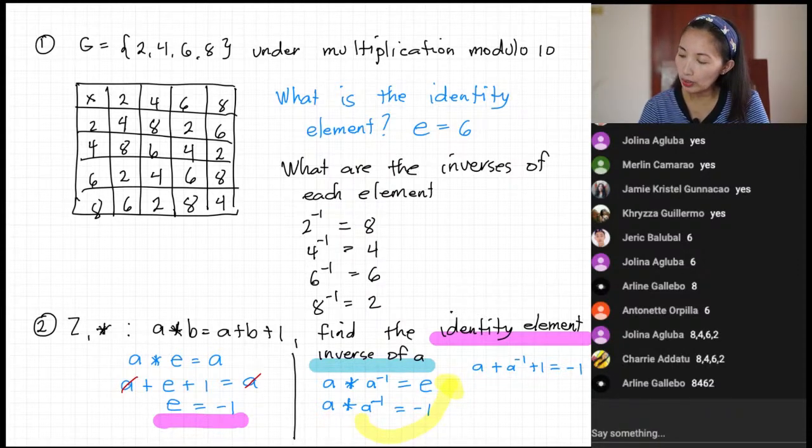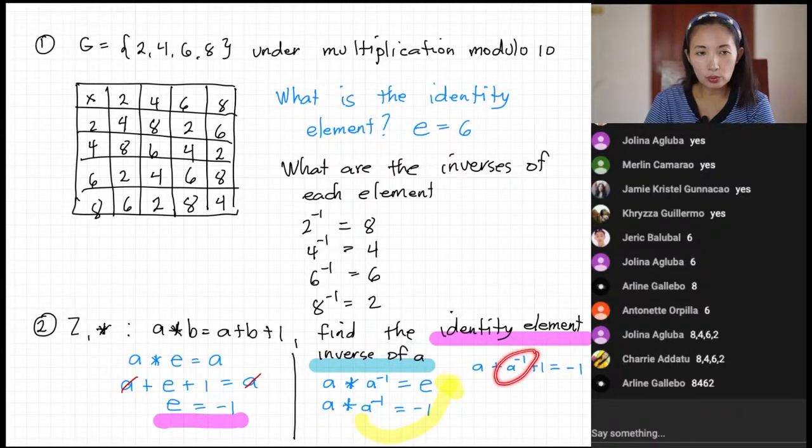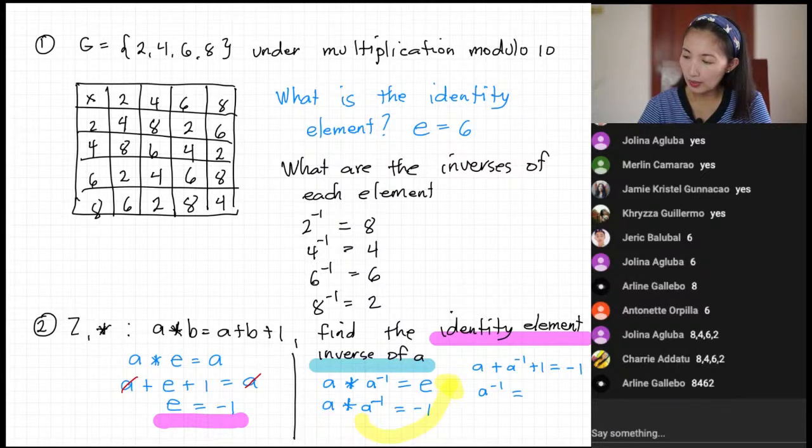So, we now proceed to looking for A raised to negative 1. So, what will this be? A raised to negative 1 equals negative 2 minus A. Okay, so this is the answer. So the inverse of A is negative 2 minus A.